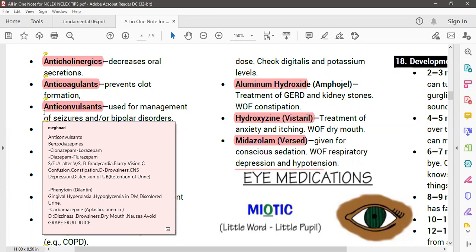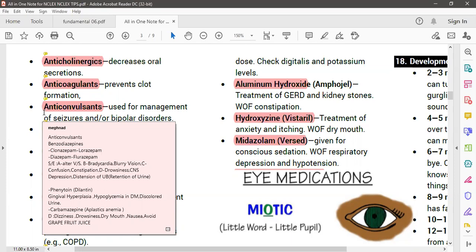So if your patient take benzodiazepine for a long time, patient chance to develop dependency. So it is good to give for short time, and also can cause constipation for a long time. And D stand for they can cause drowsiness, dizziness, central nervous system depression, or distension of bladder, we call retention of urine.